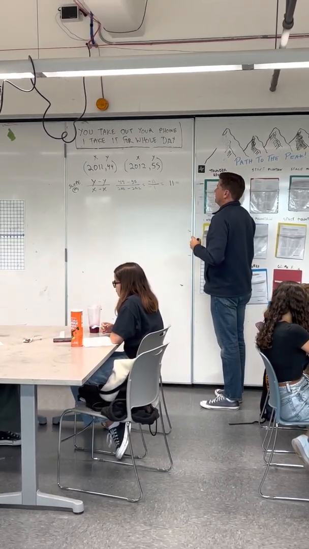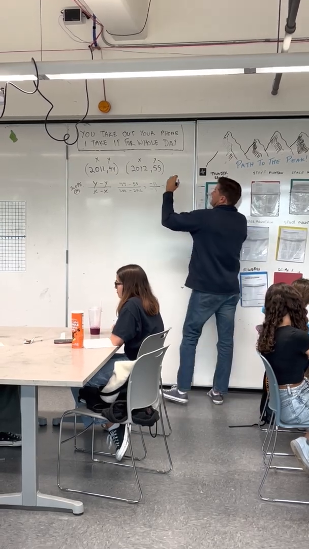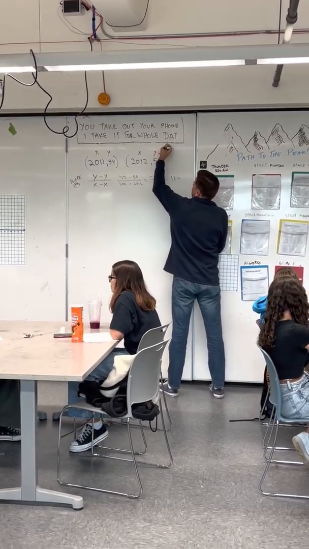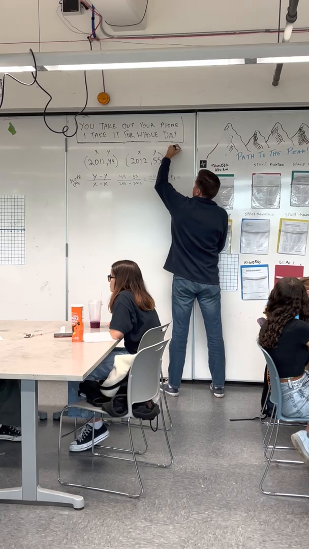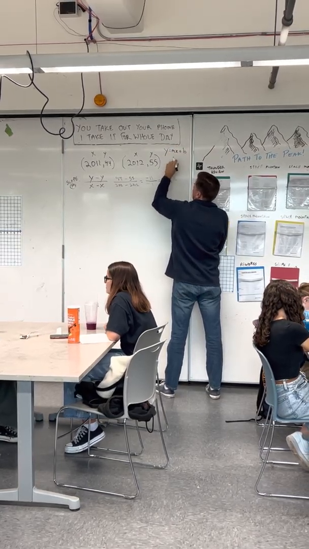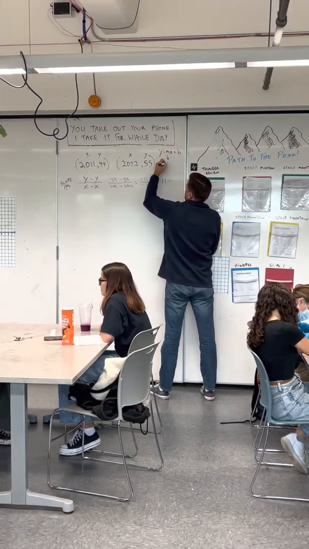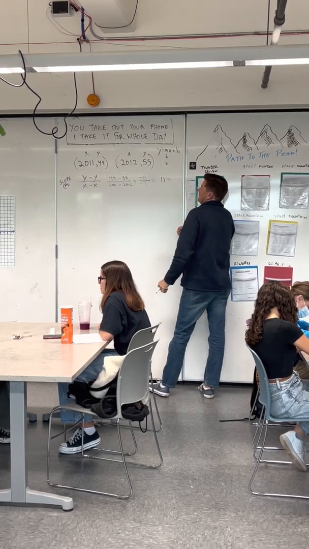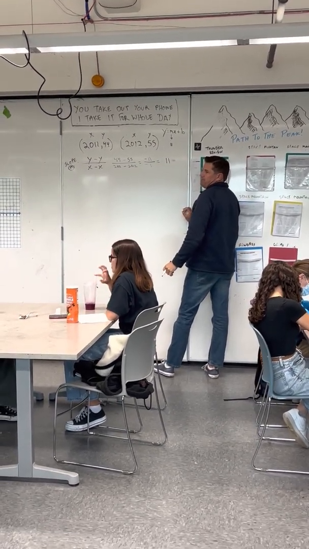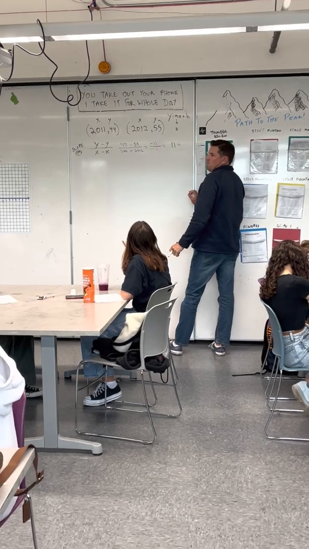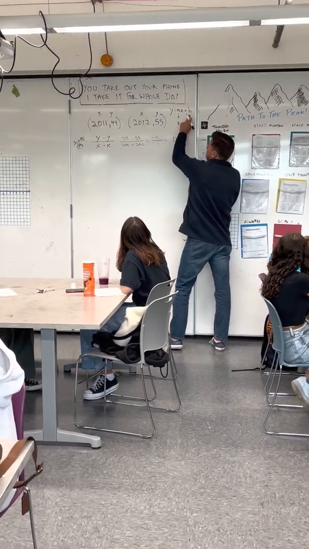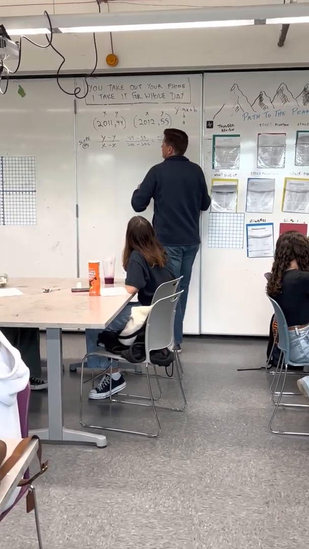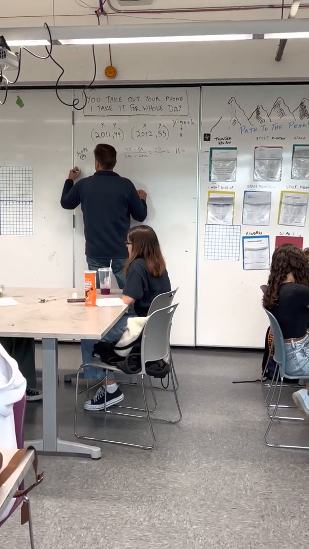That's my m. And remember, we need to know y equals mx plus b. And I've got my m. It's 11. Okay? What do I need now? I need the b, which is the y-intercept.